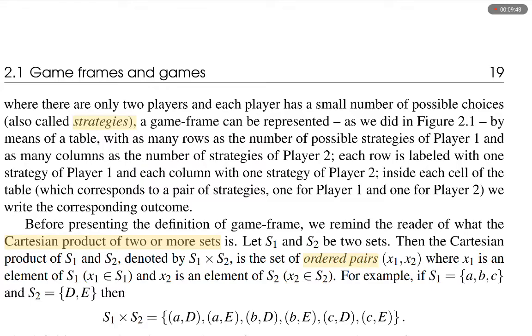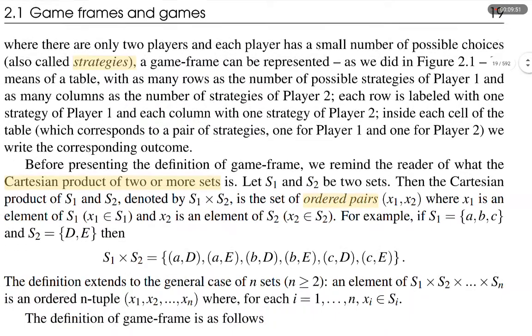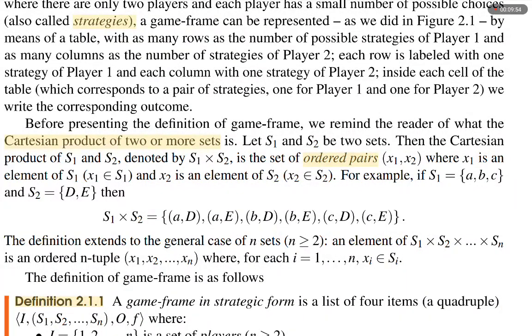Then the Cartesian product of S1 and S2, denoted by S1 × S2, is the set of ordered pairs (x1, x2), where x1 is an element of S1 and x2 is an element of S2.